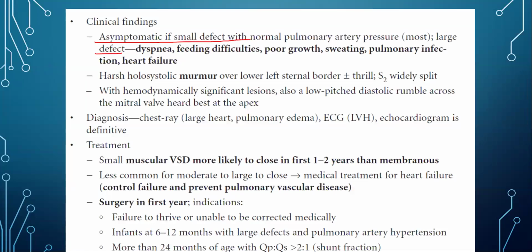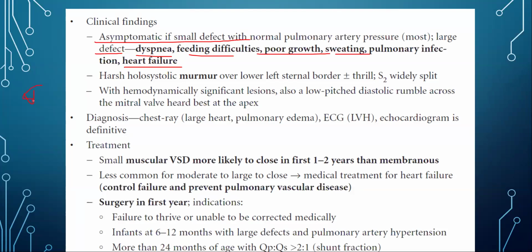But if it is a large defect, the children can have features of heart failure: shortness of breath, feeding difficulties, poor growth, sweating especially during feeding, getting cyanotic especially if there is shunt reversal, and getting short of breath quite easily when they go playing. Those will be the signs or symptoms for any kind of congenital heart defect.